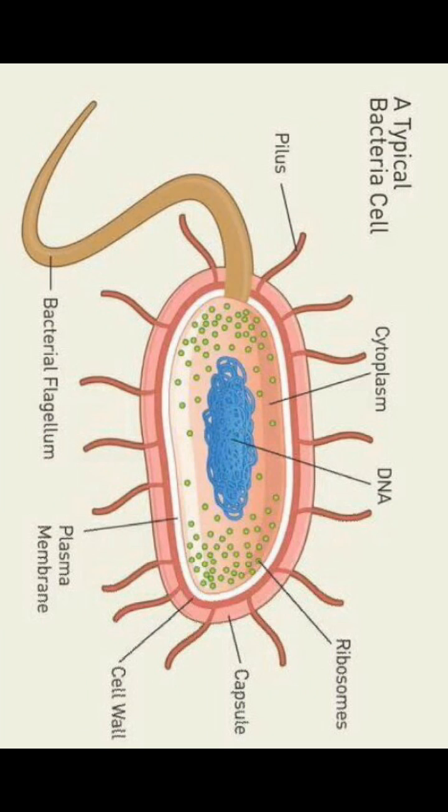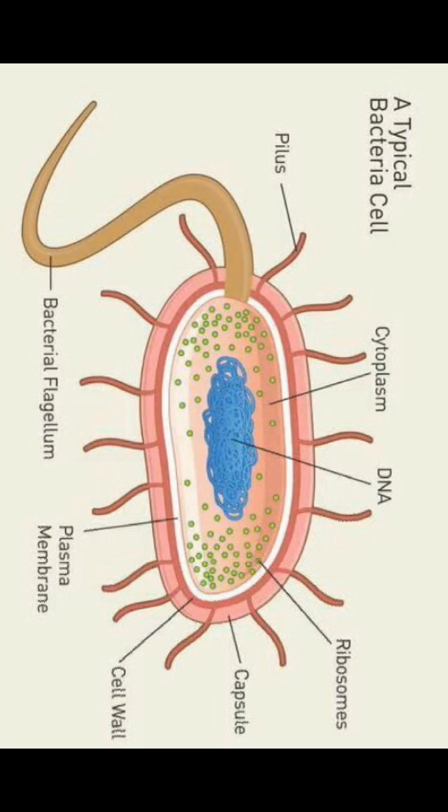There is no well-defined nucleus in this prokaryotic cell, right? So the genetic material is basically naked. We can see it with our eyes, and it is not enveloped by any nuclear membrane. First of all, the nucleus is absent, then how can we see a nuclear membrane, right?